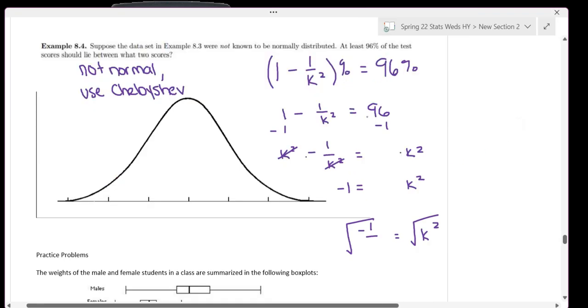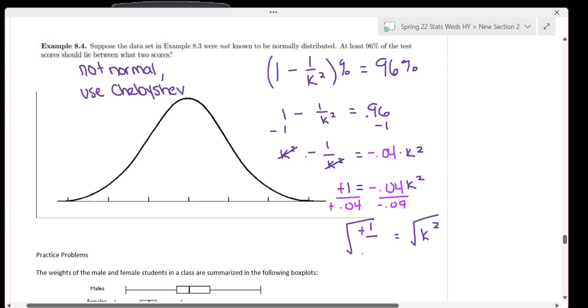Okay, 0.96. That makes a big difference, right? 0.96 minus 1 is negative 0.04. Not 95. So then you have negative 1 equals negative 0.04 k squared. Then if you divide both sides by negative 0.04, the negatives are going to cancel. So I don't have to do a negative underneath the square root.